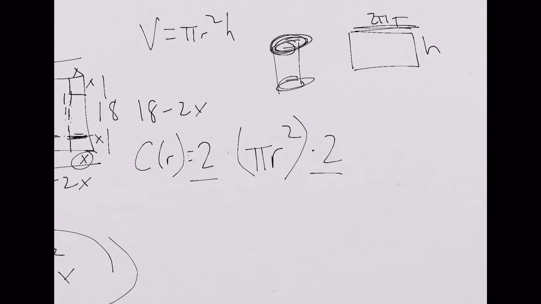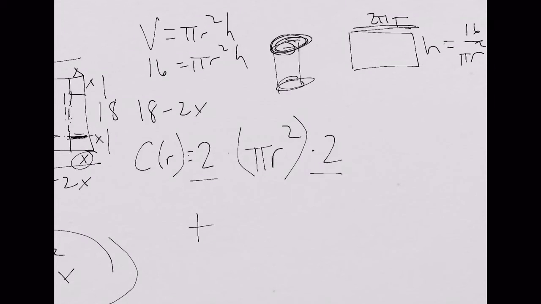Well, if I know that the volume is 16 fluid ounces, I could solve for h. So h is 16 over pi r squared. And that helps me find out what I need to add to my cost equation.